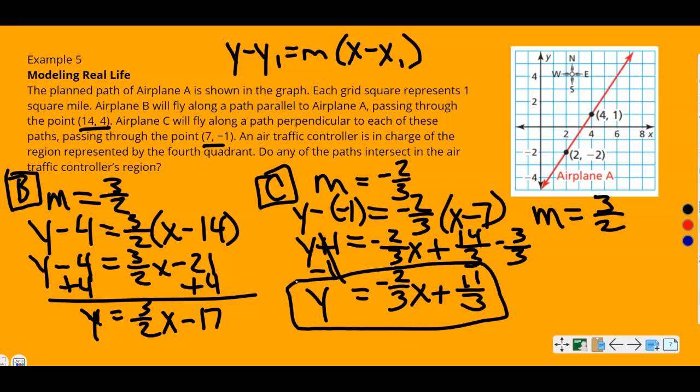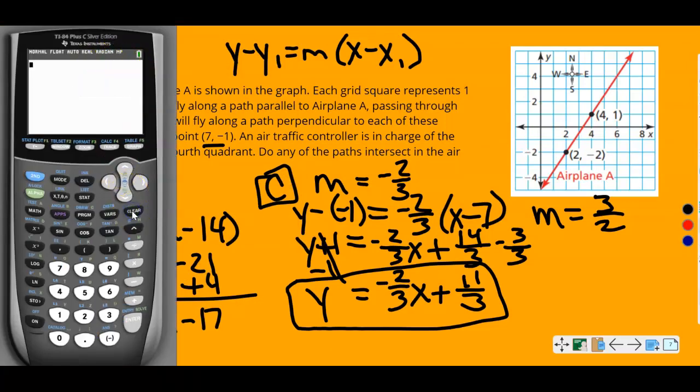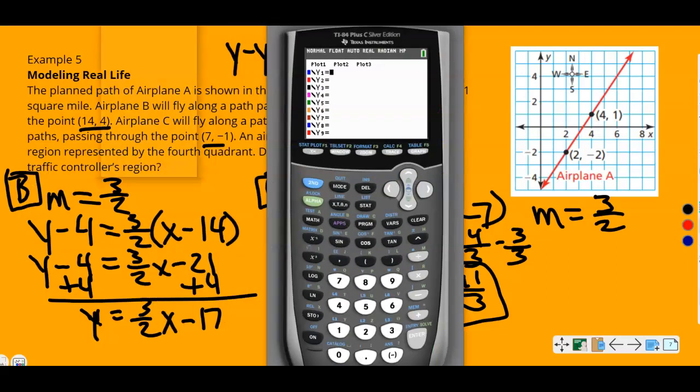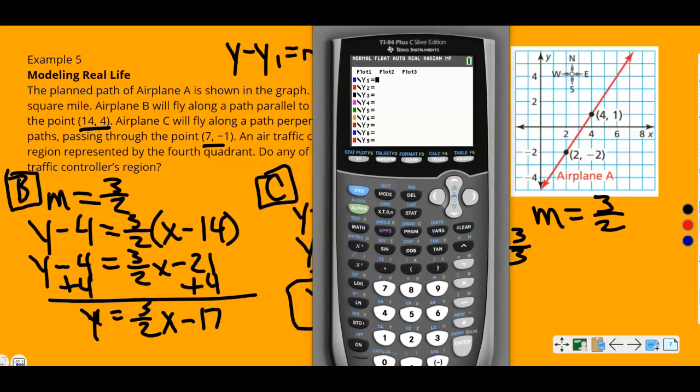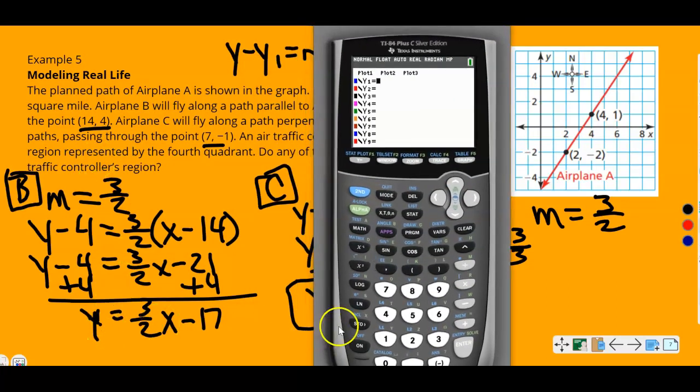So this is my equation for airplane C, and I need to graph B and C. Let's quickly graph this on the calculator and see where these lines go. y equals 3/2 x minus 17.